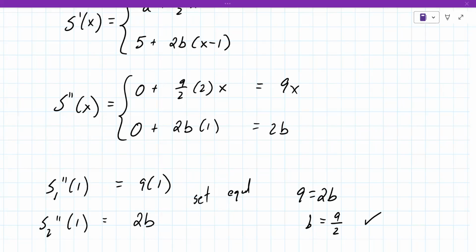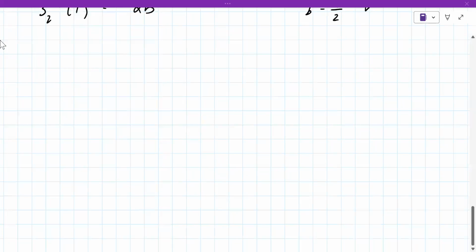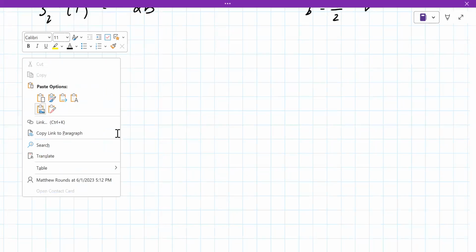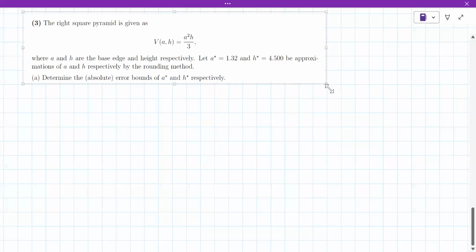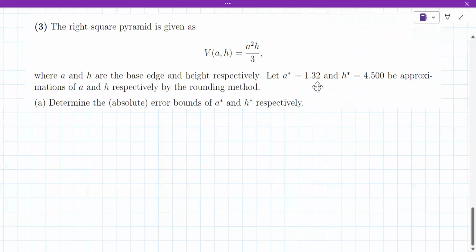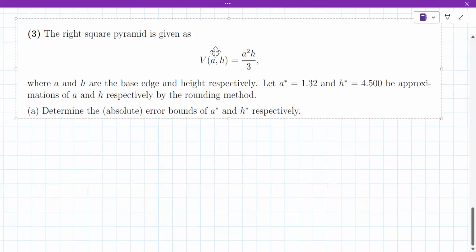All right. Number 3. This is from your first homework. It's kind of going back and forth between topics. The right square pyramid is given, so there's just the volume formula. It's the area squared times the height divided by 3.